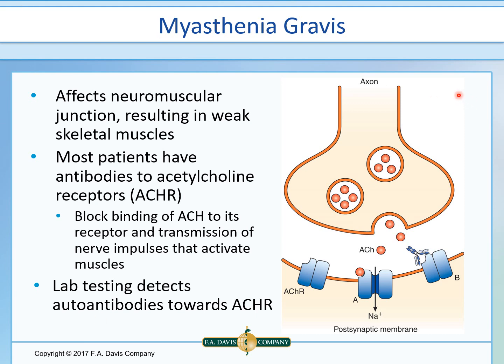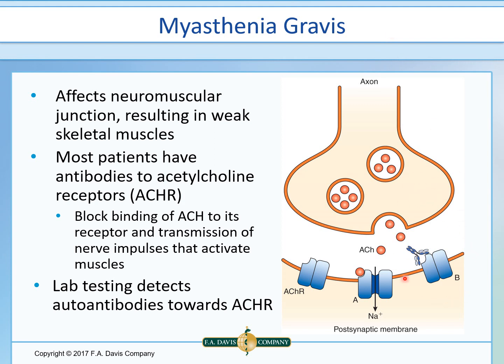The figure on the right depicts the mechanism of immunologic injury in myasthenia gravis. So on the center image, figure A, it's showing normal nerve impulse transmission, in which ACH is released from the axon vesicles and binds to the receptor on the postsynaptic membrane, opening the channels, allowing for sodium ions to enter.